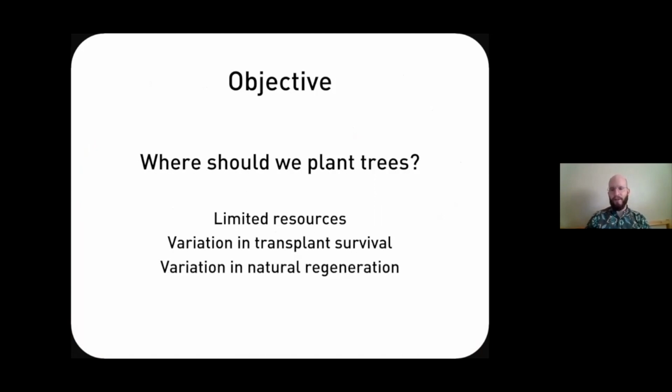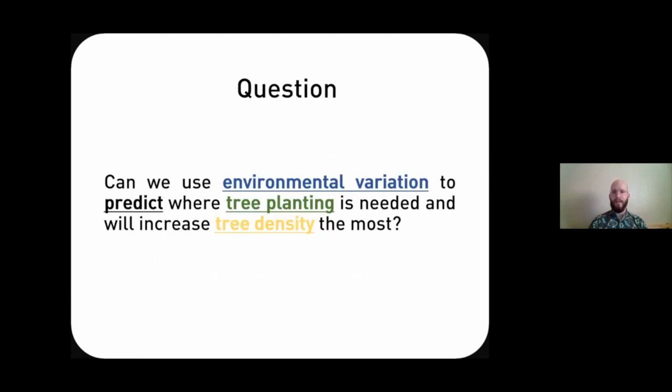And then there's variation in natural regeneration. We don't want to waste our planting efforts in places that are going to regenerate naturally, where they don't need tree planting. So ultimately, my question today is, can we use environmental variation to predict where tree planting is needed and will increase tree density the most?